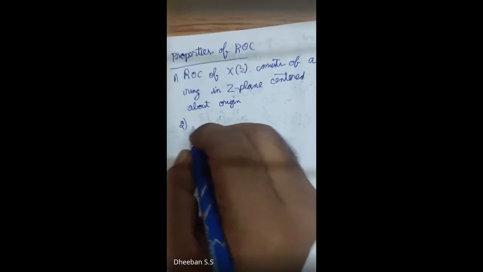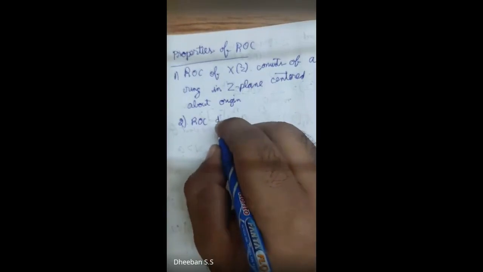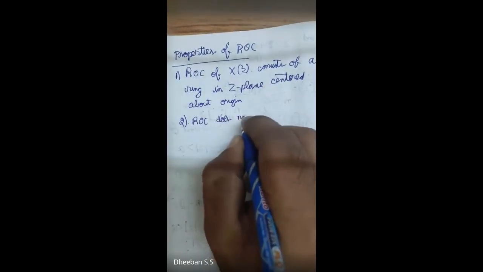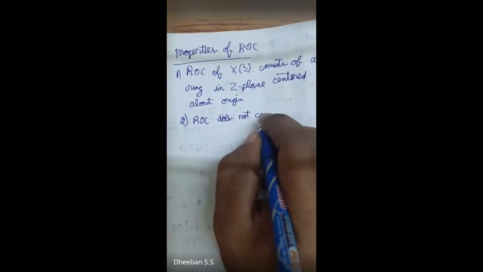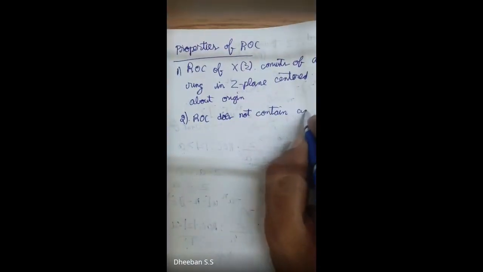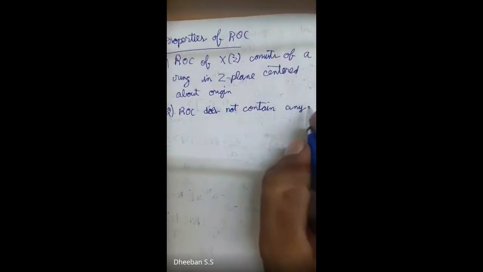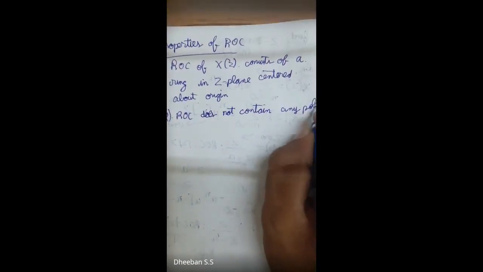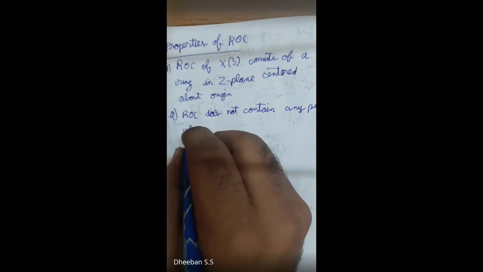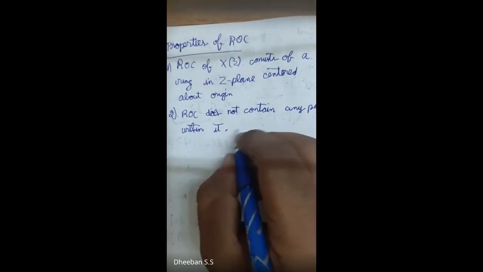Second thing: the ROC does not contain any pole within it. It won't have any pole within itself, but it will be bounded.